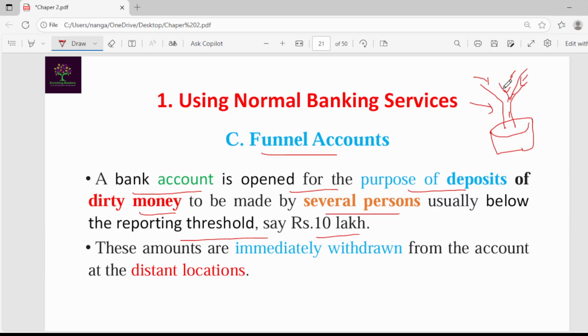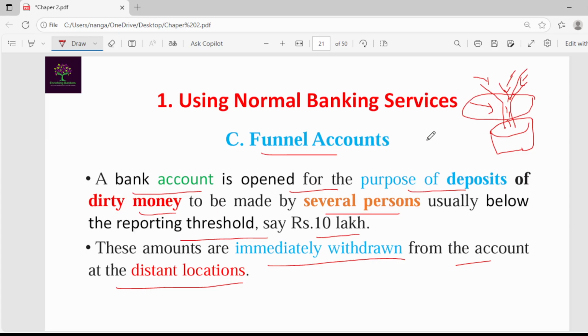Once the amount is deposited into this funnel account, that amount is directed to another place, or immediately withdrawn from the account at distant places. So here a funnel type account is opened.